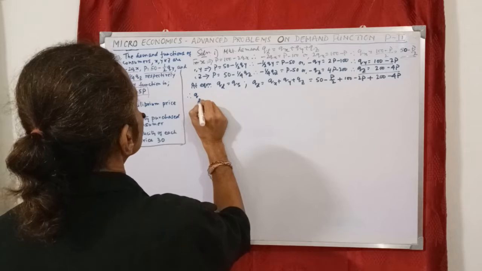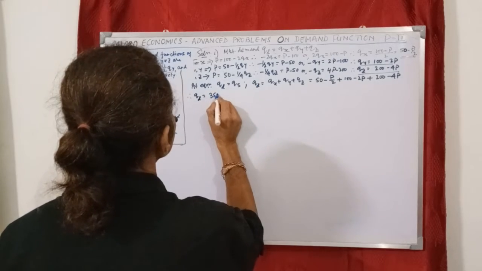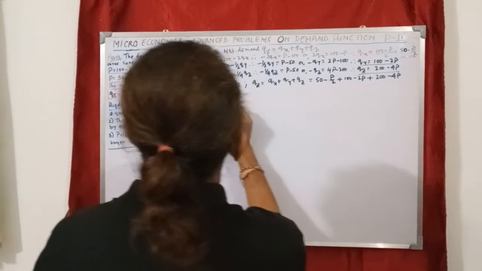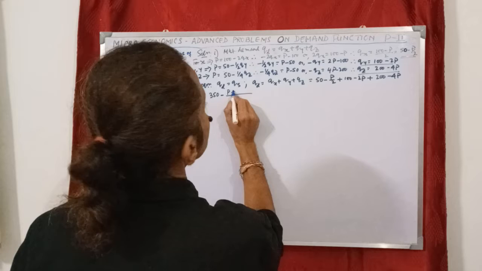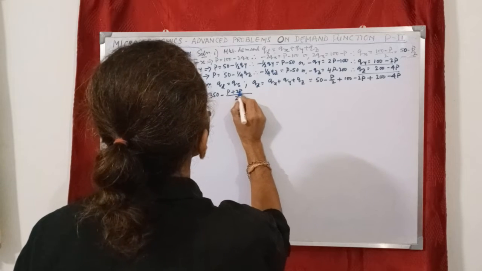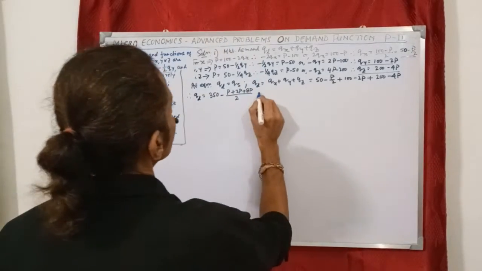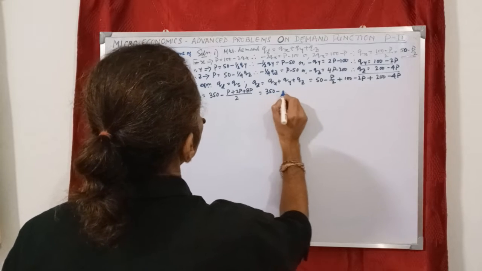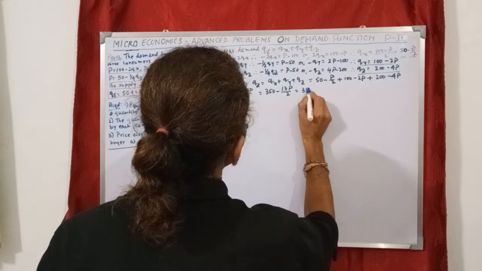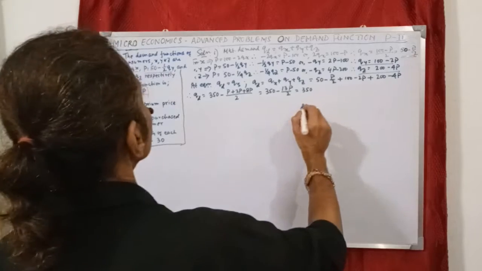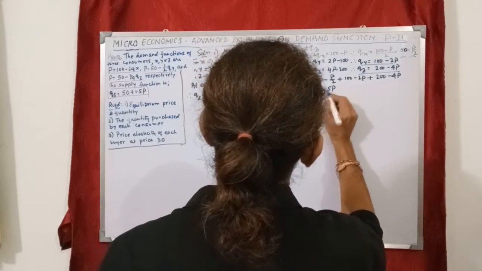Therefore, QD equals 200 plus 100 plus 50, that is 350, minus P by 2 plus 2P plus 4P, equals 350 minus 13P by 2, equals 350 minus 6.5P.